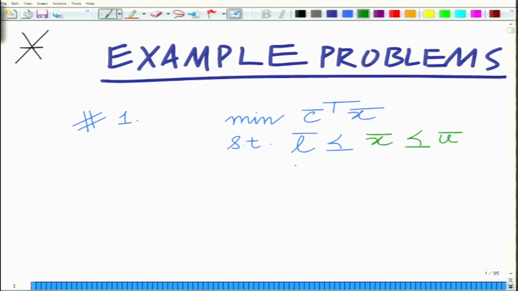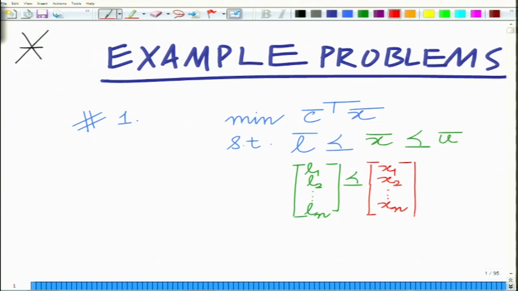That means, if x bar is an n dimensional vector, then we have l1, l2 up to ln component wise less than or equal to your vector x1, x2 up to xn, which is again component wise less than or equal to u1, u2 up to un.